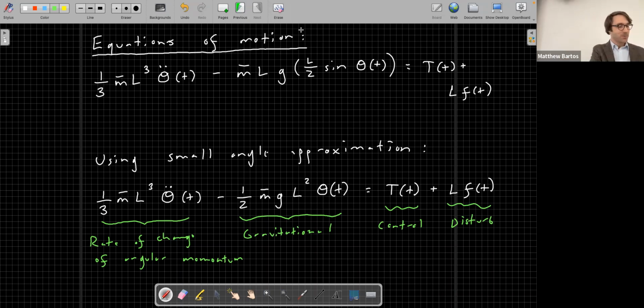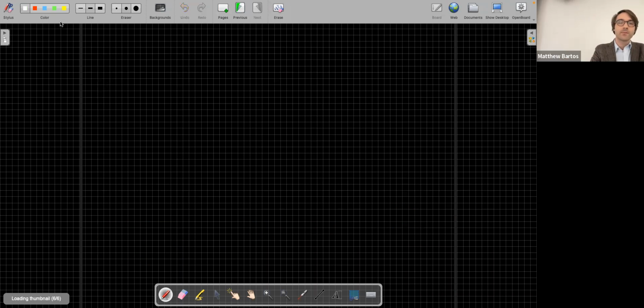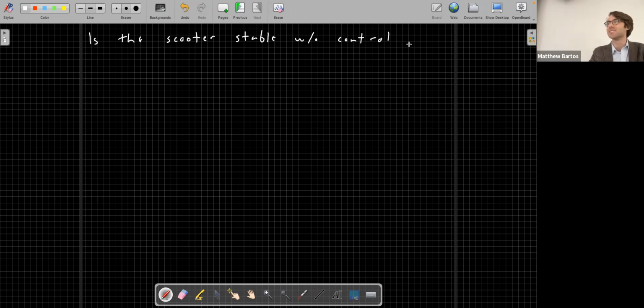So the first question we can ask is, is the scooter stable without control? Who thinks that it's stable without control? Who thinks that it's going to be unstable without control? Right, most of you.